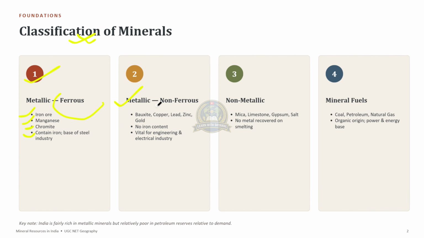Number 2, metallic or non-ferrous: bauxite, copper, lead, zinc and gold, no iron content, vital for engineering and electrical industry. Then non-metallic: mica, limestone, gypsum, salt, no metal recovered on smelting. And finally mineral fuels like coal, petroleum, natural gas, organic origin and power, energy and base. These are the four broad classifications of minerals in India.